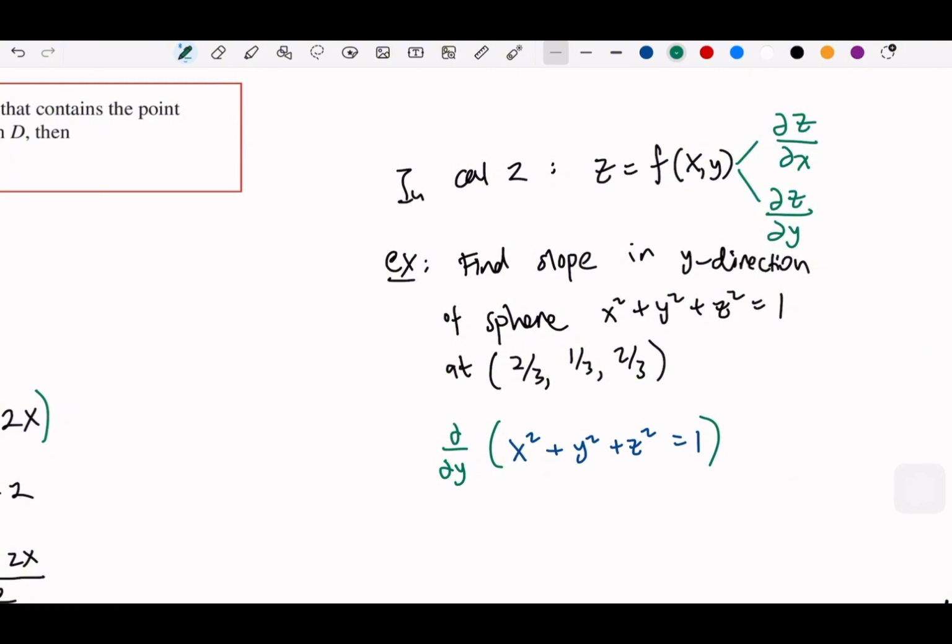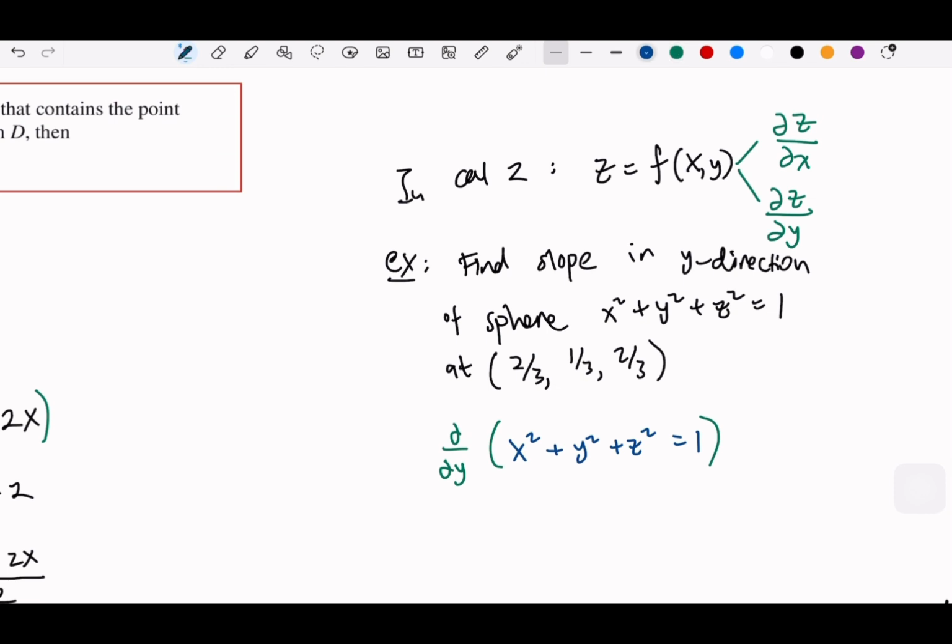Now, how to deal with the partial derivative? Since we take in y direction, it means that x will be a constant. So for sure this will be a 0 if you derive. This will be the same, so 2y. And the z, since z is connected to this, then we derive this and multiply with dz/dy, just like we did in calculus 1. Okay?